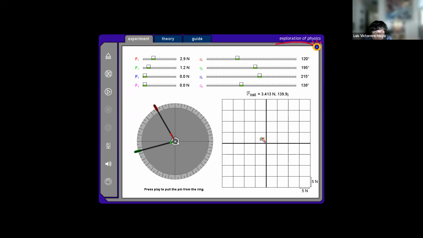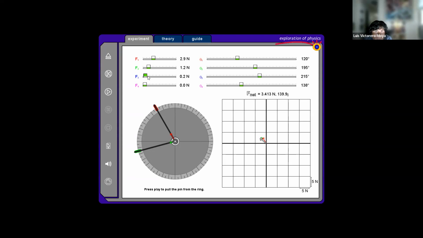So you need to find the angle. Imagine you trace a line here, a vector, and then the angle here is 100 and, well, what's 140, right? So the reference angle will be 40 degrees. So it's 40 degrees in the fourth quadrant as well. 360 minus 40 is 320.